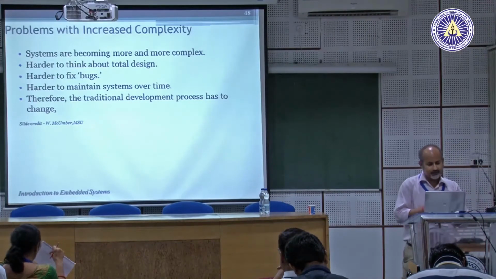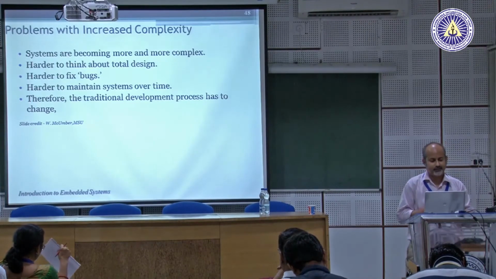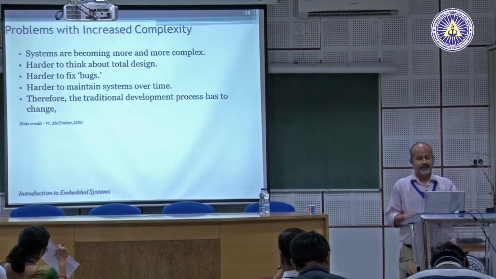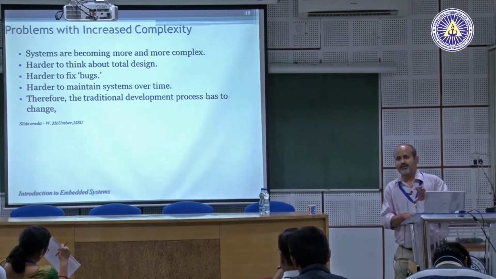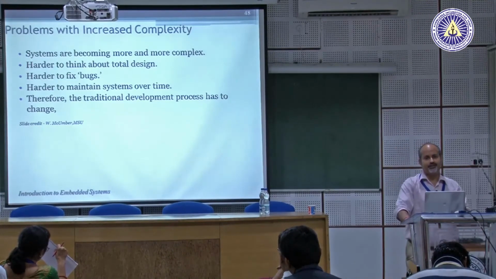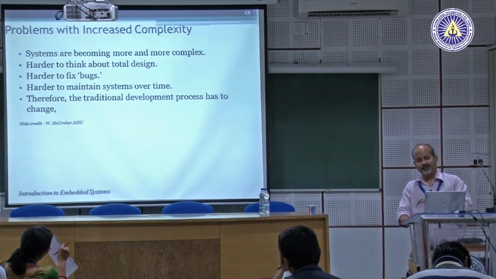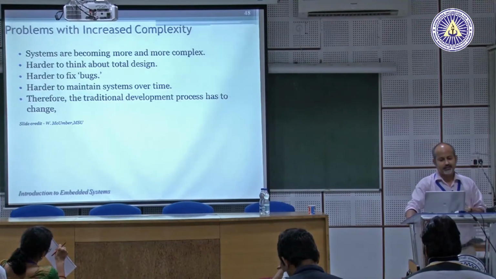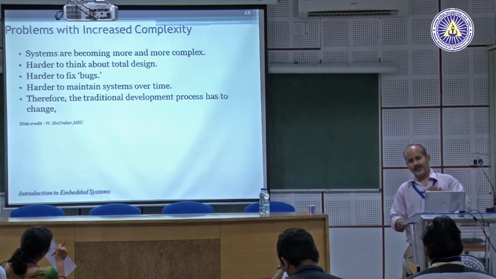It is also harder to maintain because of its complexity, and so the traditional development process has to change. So design methodology for safety-critical embedded systems, and also for power constraint, area constraint, and latency constraint systems, is actually an area of research, right?